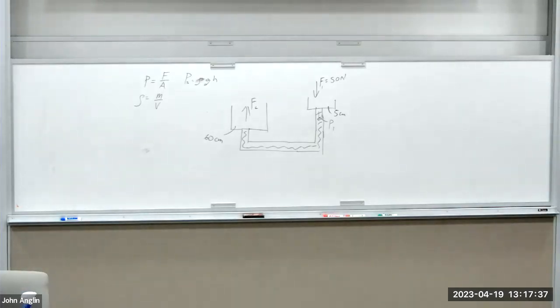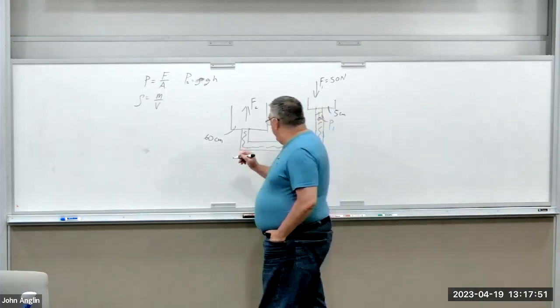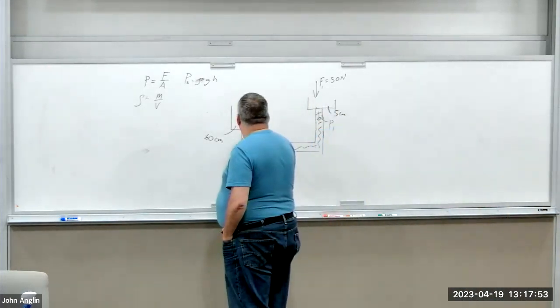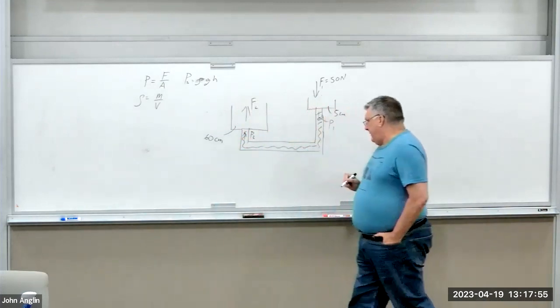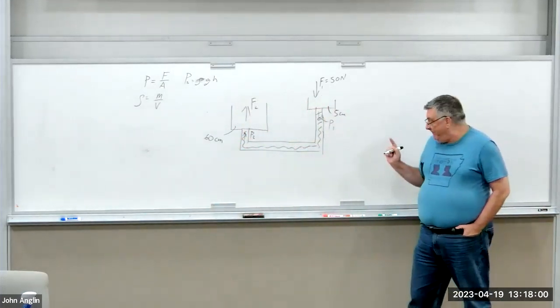So how do we find this? Well, first of all, we look at the equations that we think we're going to need. We know that this thing is in equilibrium.